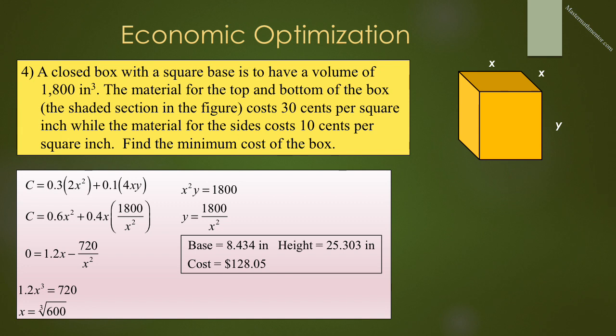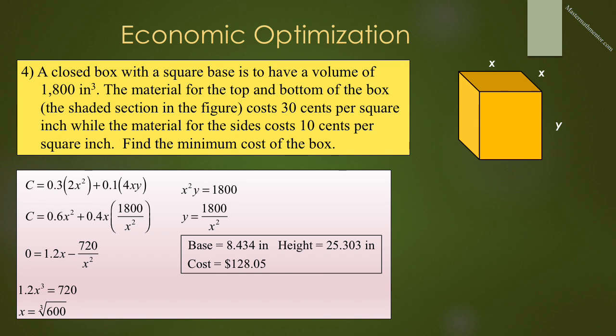So our cost is 0.6x squared plus 0.4x times 1800 over x squared. From there we can take the derivative and get 1.2x minus 720 over x squared is equal to 0, getting 1.2x cubed is equal to 720, and therefore x is the cube root of 600.